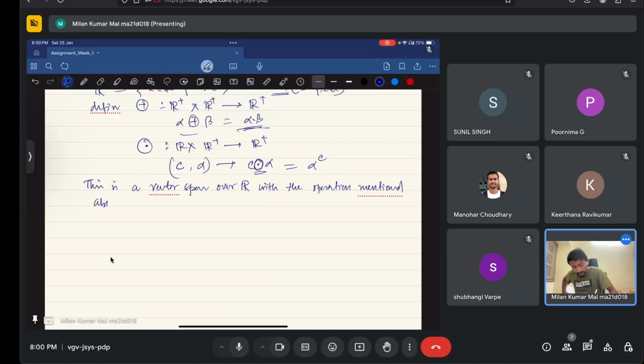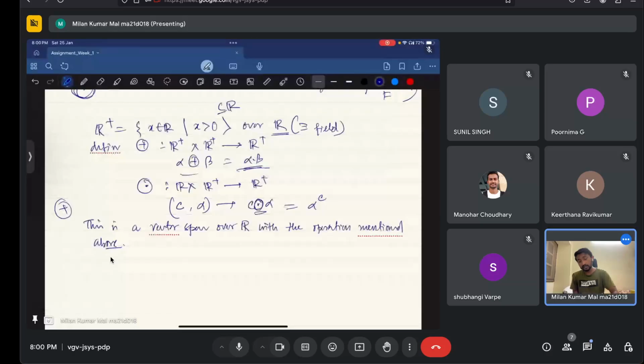So if we see a question giving addition, don't always do usual addition. If nothing is written, that means usual addition. If it is written that addition is this way, this will form a vector space. Why? This is a subset of the real numbers, right? Though the operations are different, this will form a vector space.